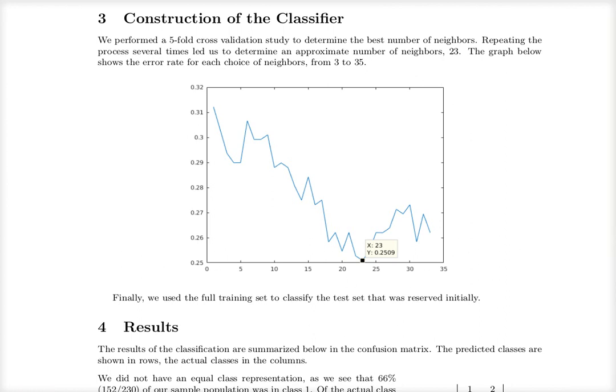And by the way, the graph doesn't always look like this. For this five-fold cross-validation, there is some variation in this curve. So I did it several times just to see what the variation looked like in the curve, and then I kind of settled on this picture for the best one.